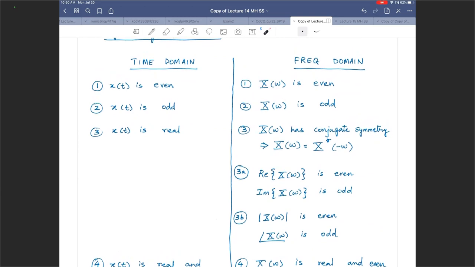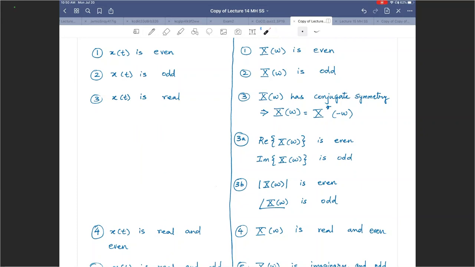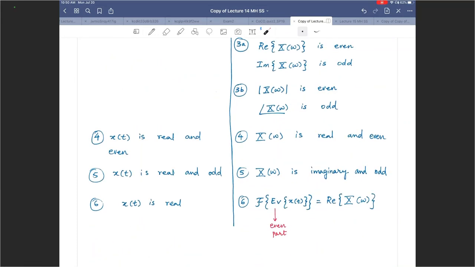In the polar notation, you can say the magnitude of the Fourier transform is even and phase of the Fourier transform is odd. And similarly, you have a bunch of other properties as well. In the last property, I'm just highlighting that EV stands for the even part of the function. So Fourier transform of the even part of x of t is the real part of the Fourier transform X of omega.